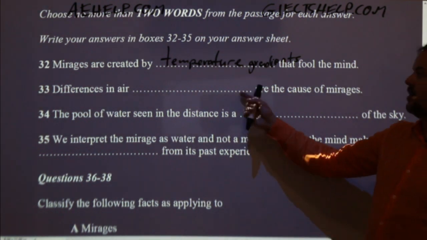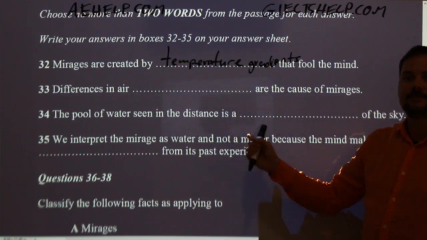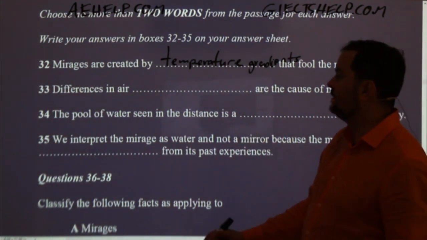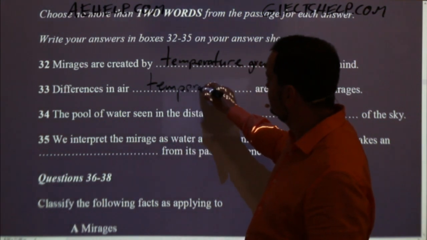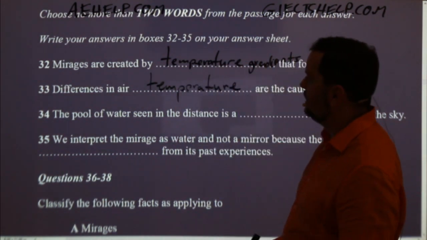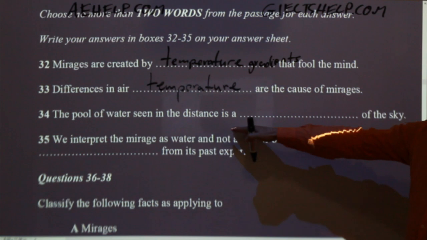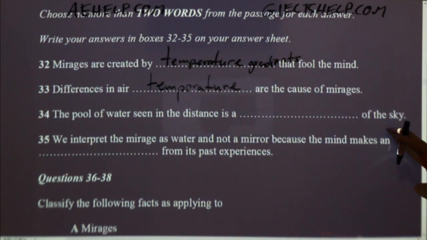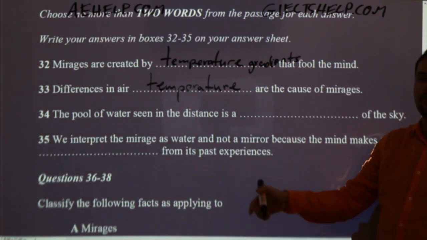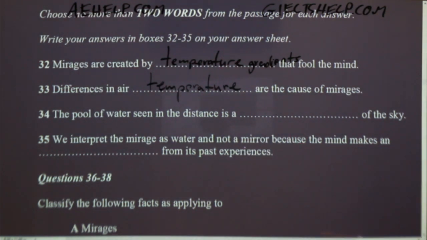Differences in air what? Yeah, differences in air temperature, sure. Okay. The pool of water seen in the distance is a something of the sky. Number 34. That should be a pretty easy one.